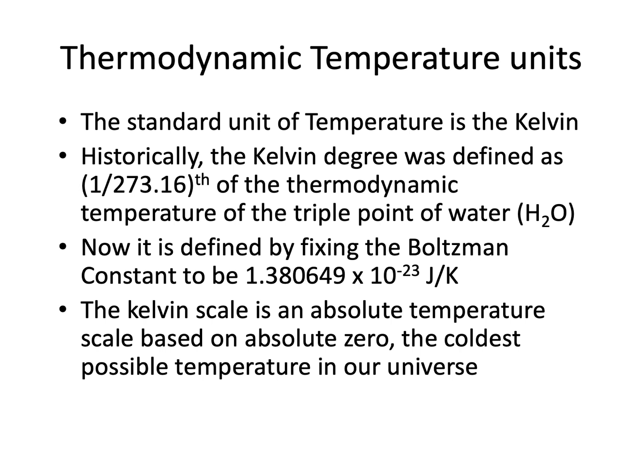But now, the Kelvin degree is defined by fixing the Boltzmann constant to be this value in joules per Kelvin. And that joule is an energy unit we'll learn about later on. But the point again, we don't necessarily have to know what the Boltzmann constant is yet, but what you do need to know is that this is another one of those fundamental constants of nature that shows up in physical systems.